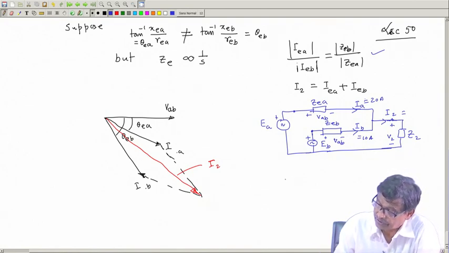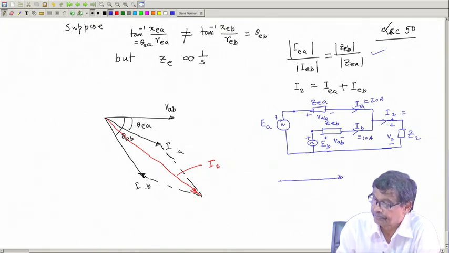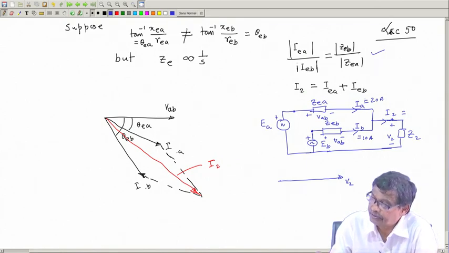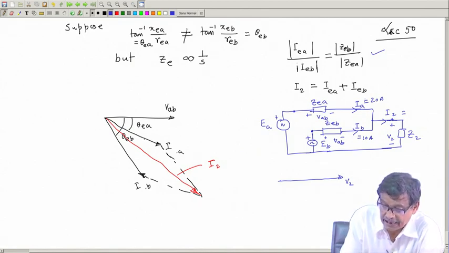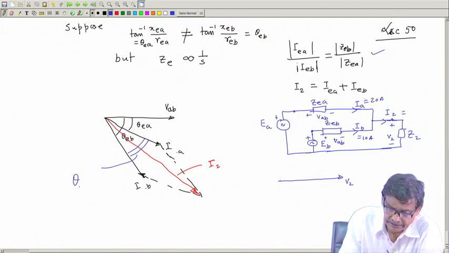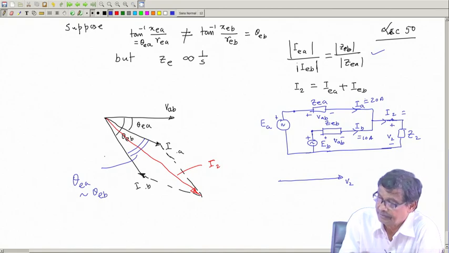So, I will start from V2, I will draw V2 first. But if you start drawing from V2, the angle between these two transformers is theta EA minus theta EB, is it? That will be the angle, the IA and IB angle.